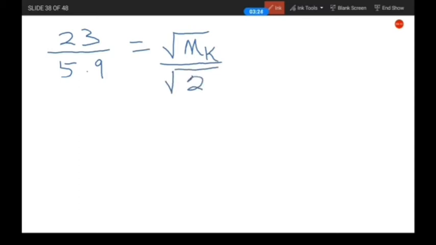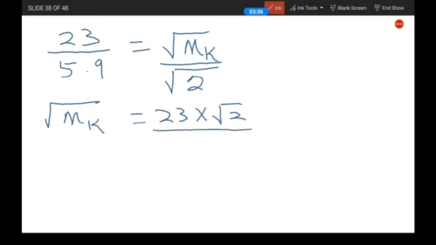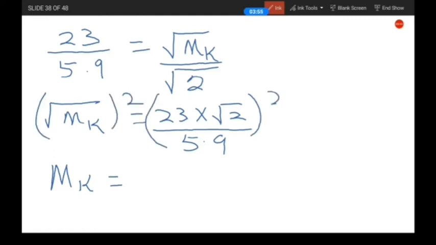If I cross multiply very well, I will be having relative molecular mass of K will now be equal to 23 times root 2, everything over 5.9. Very good. Now, for us to calculate the relative molecular mass of K, if you square both sides, we cancel the square root here.